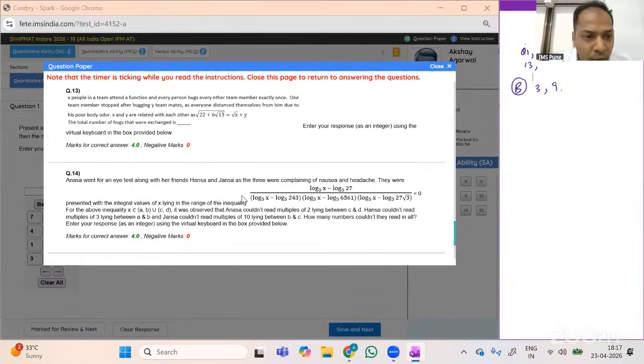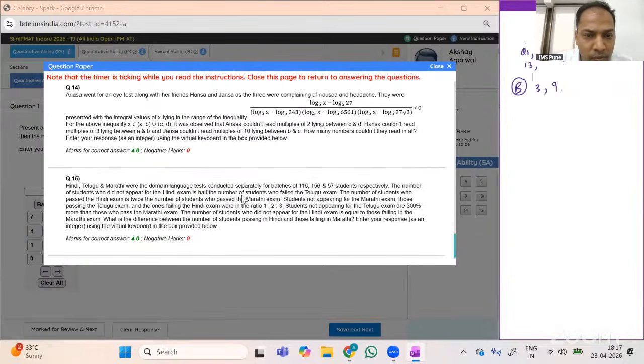14th, okay, I think I've almost spent in the Telugu domain language test. The number of students who did not appear for Hindi is half the number of students who failed in this. Who did not appear, and basically within appeared there's pass and fail.